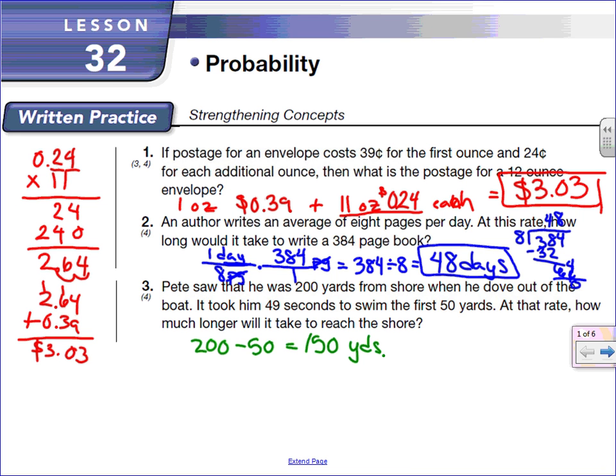And it takes him 49 seconds per 50 yards. So he needs to go 150 yards, so I'm going to put that on the top of the next fraction. So what this shows is I'm going to take 49 times 150 and then divide it by 50. Or I can take 150 and divide it by 50 first, because that's easy to do in my head.